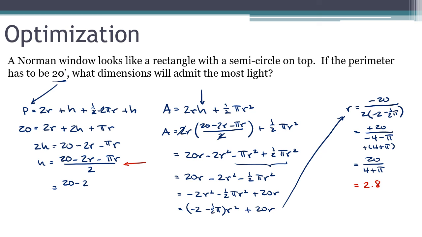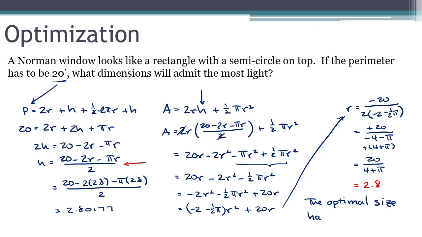This is 20 minus 2 times 2.8 minus pi times 2.8 over 2. That gives 2.80177. Okay, it came out really close. As a matter of fact, if I was going to that shop foreman, I would say the optimal size is 2.8 feet tall.